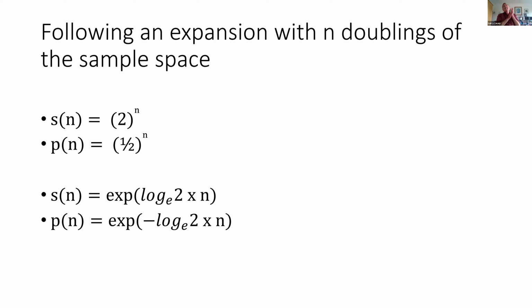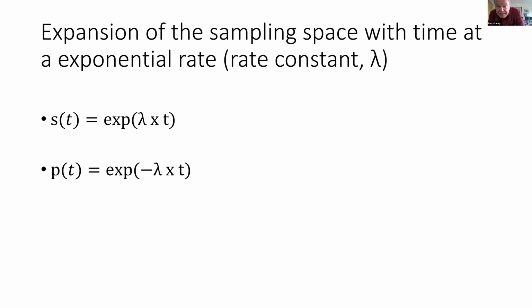So let's assume that the expansion occurs with time. It's a time-dependent expansion, and let's assume that the expansion is occurring exponentially. So the equations now become not S_n, but a function of time.